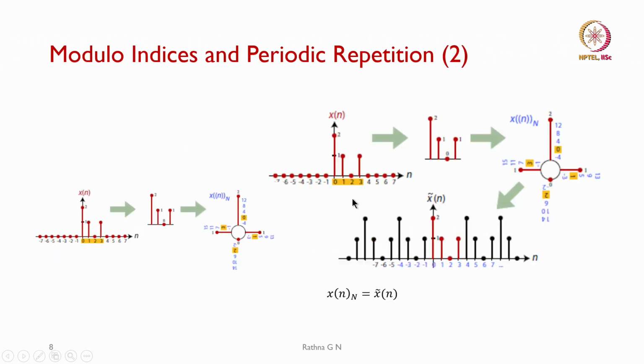Now coming to the modulo indices, the same thing, how the periodic repetition is going to look. You will be seeing that the same values have been taken, 2, 1, 0 and 1, and then when we take the modulo of it, it is going to go into the 0th position here, then minus 1 is this way, and then 1 next.